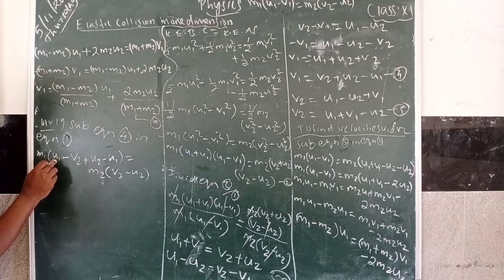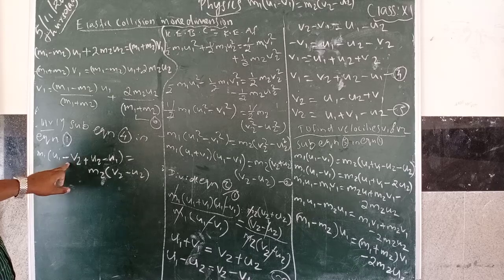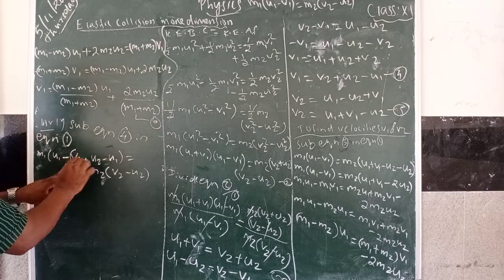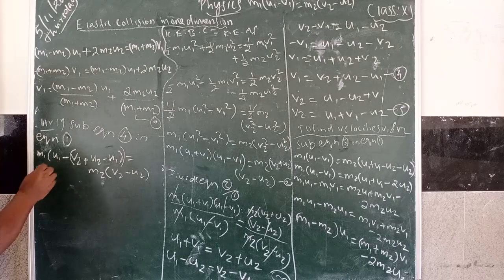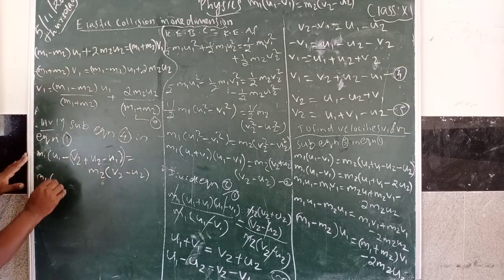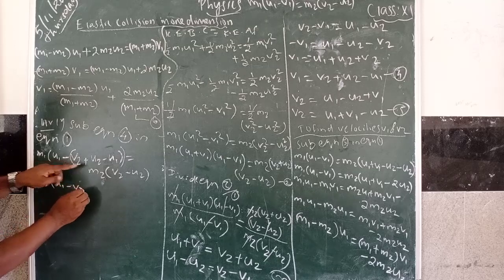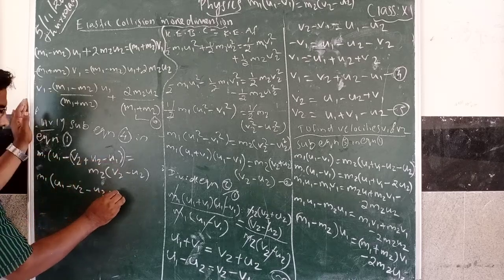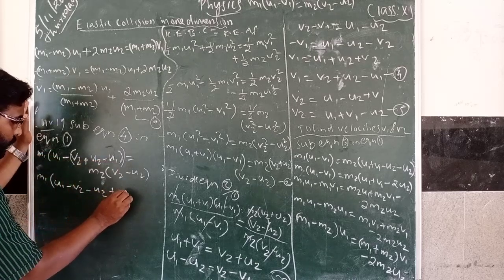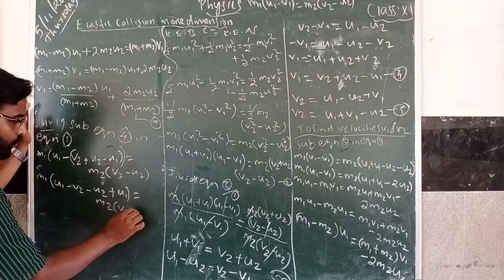Now the same thing, U1. So here, U1 minus, put the bracket or else you will get a wrong answer. U1 minus V2 plus. So M1 into U1 minus V2 minus into plus minus U2 minus into minus plus, so plus U1 equal to M2 into V2 minus U2.